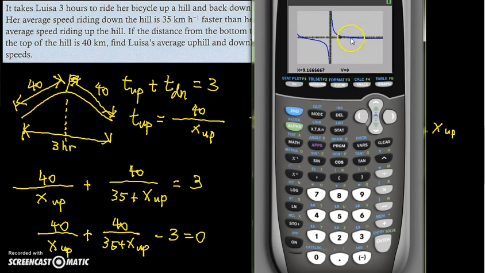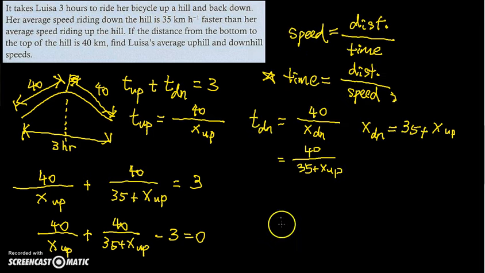Okay, so here I have a zero. I'm going to go second, calc, zero. Left bound somewhere there, right bound somewhere all the way to the right. That's good, and the guess value can be anything. My zero happens when x is equal to 17.8. So my x up is 17.8, so my uphill speed is 17.8.